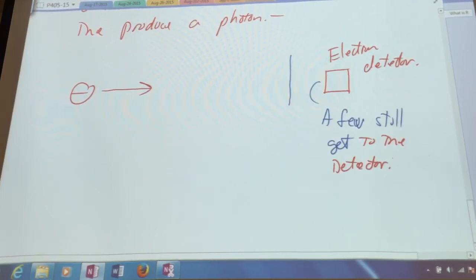But most don't. So if most of the electrons don't reach the detector, we say the electrons have been stopped, which is really the wrong thing because they haven't been stopped, they've just been deflected.